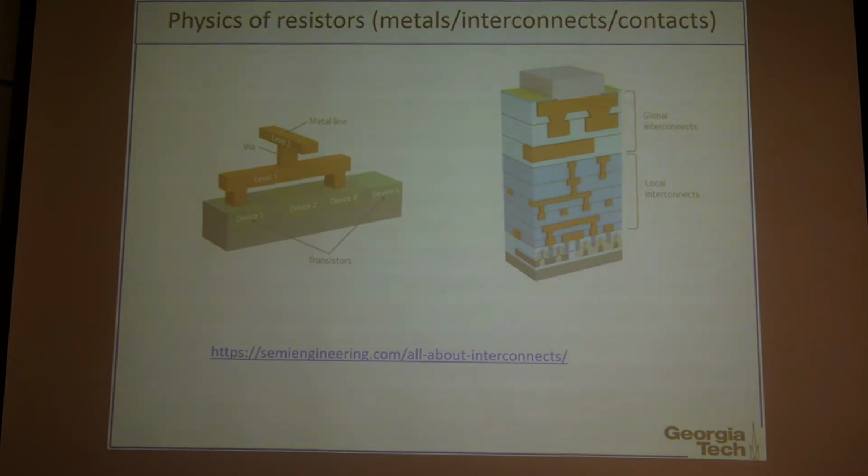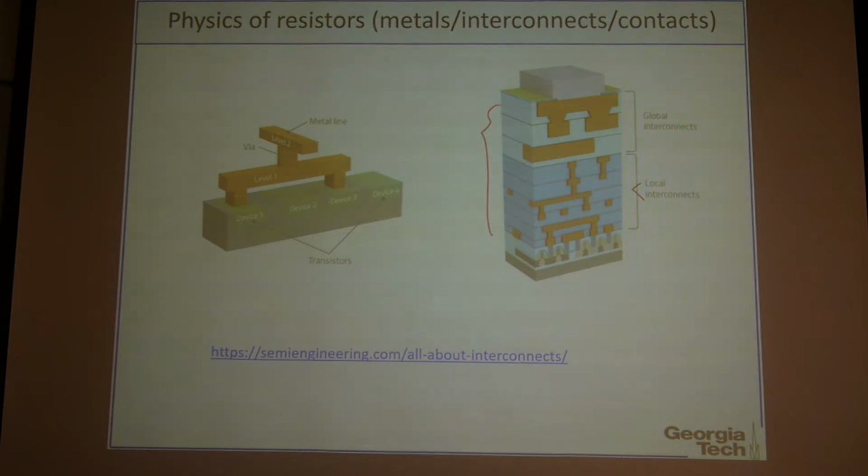So here we see this stack of the interconnect. Actually you have many layers. Today's chip may have up to like 12 or 14 layers of the interconnect. And the bottom ones are the local interconnect. That means the interconnect at the bottom tiers connect the adjacent transistors within a short distance.